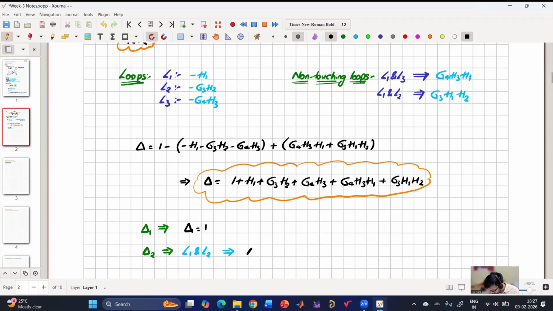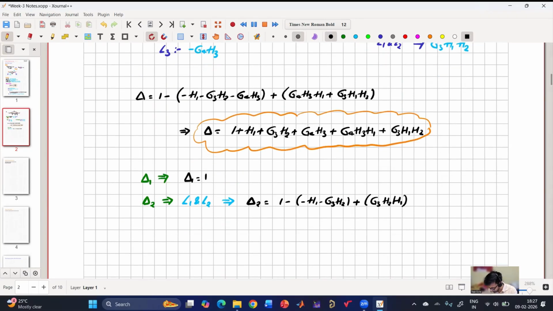So delta 2 is nothing but 1 minus summation of individual loop gain, which is minus H1 minus G3 H2, plus product of these loop gains, which is G3 H2 H1. So if I simplify, my delta 2 is 1 plus H1 plus G3 H2 plus G3 H2 H1.